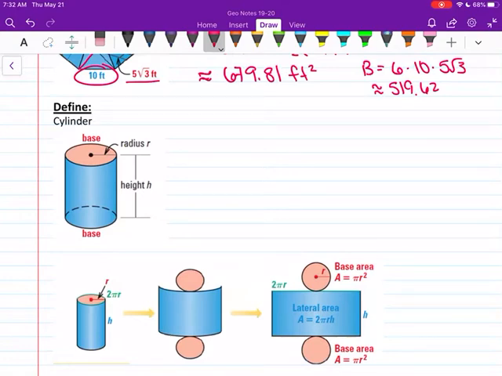When I draw the net of a cylinder, I have 2 congruent circles, and then the lateral area is going to be a rectangle. We are only talking about right cylinders. There are oblique cylinders as well, but to keep it easy, we're just talking about the right ones.